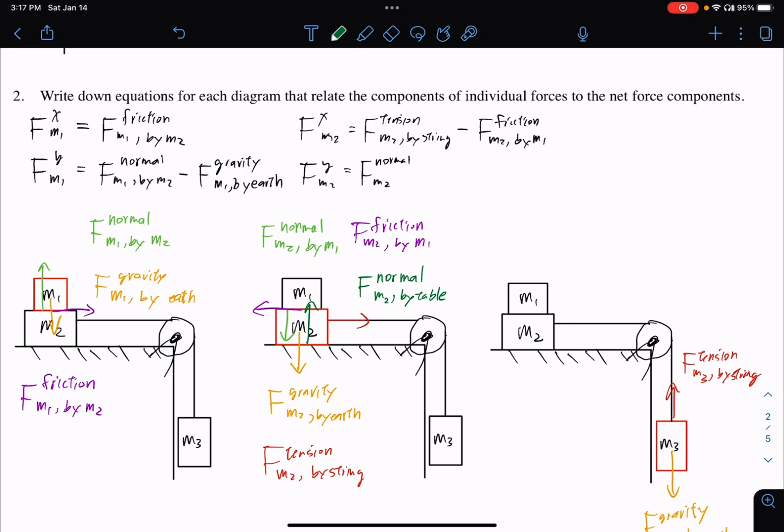And because the normal force from M1 is going down, we have to subtract it. And the gravity is also pointing downward, so it will also be negative. The gravity on M2. So these are all the y components of the net force.